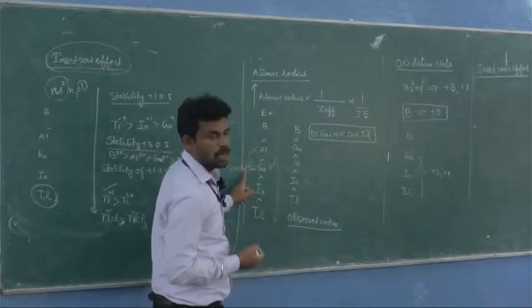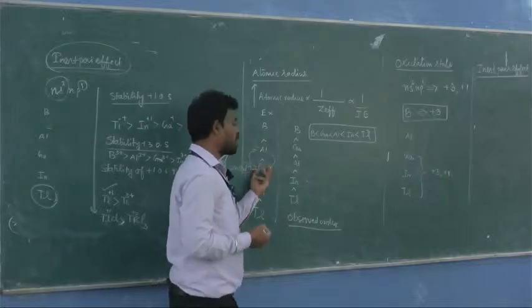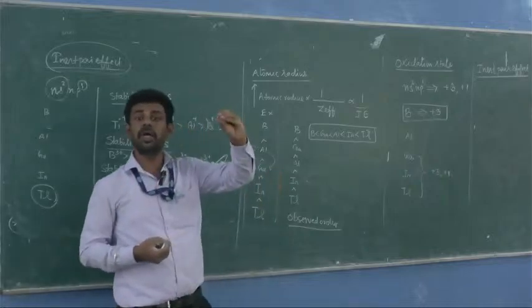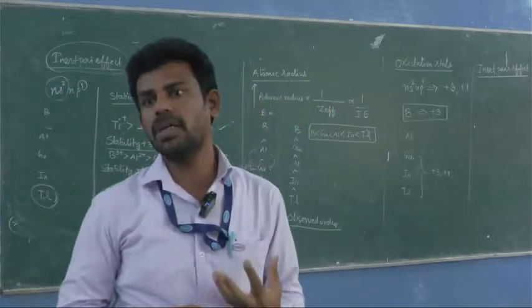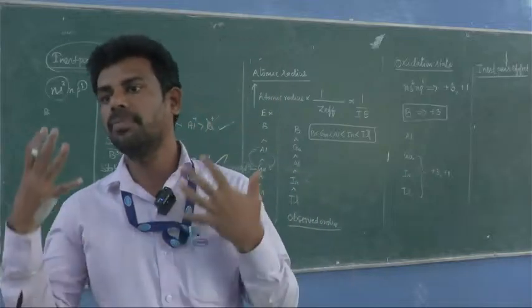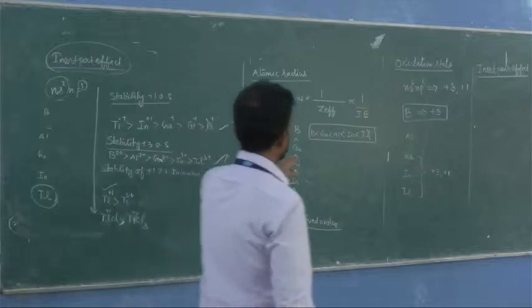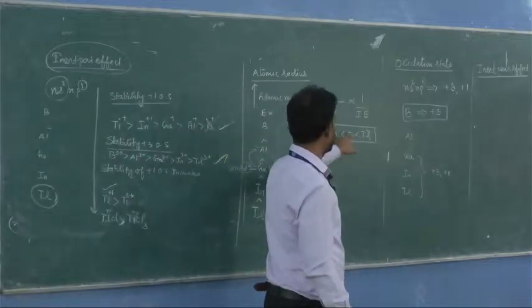Because of poor shielding of d electron, the size of gallium is going to be smaller when compared to aluminium. அப்ப correct order எதுன்னு கேட்டா boron, aluminium, gallium, indium and thallium.